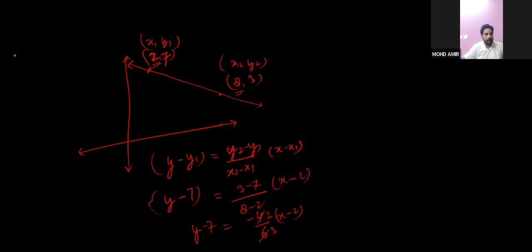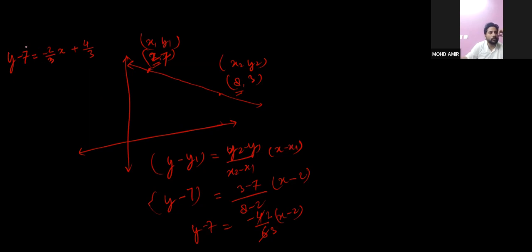Okay, let me continue it here. Y minus 7 is equal to, now we can distribute it, it will be like minus 2 over 3 times x, and when we multiply this with negative of 2, it will be negative and positive 4 over 3.